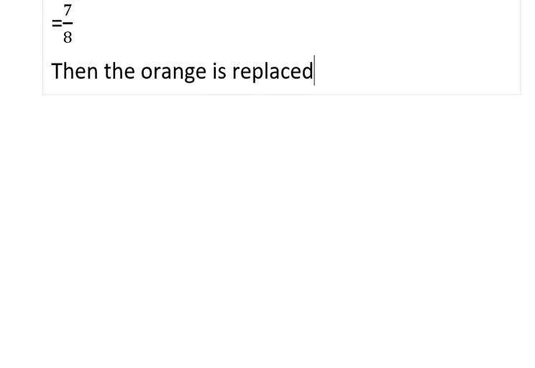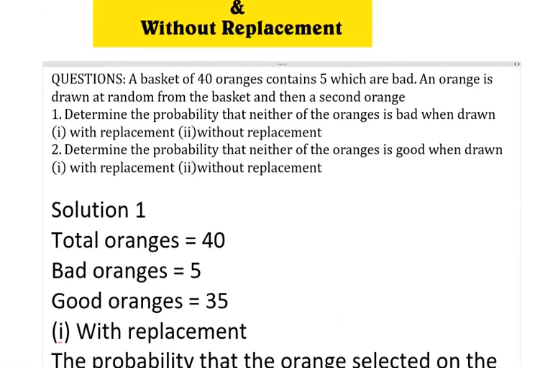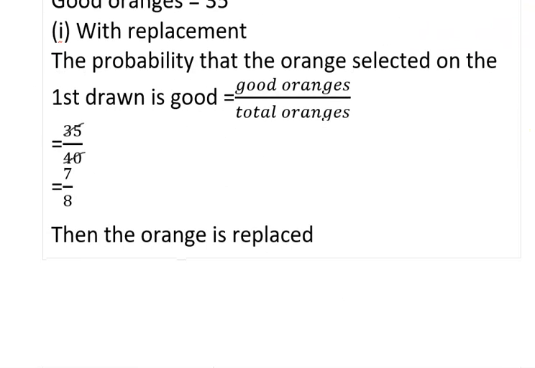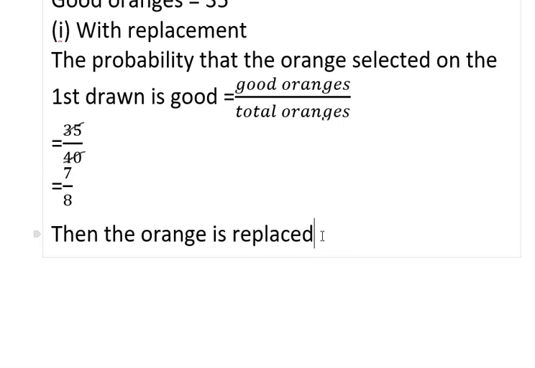Then let's make a second draw, because we were told from the question that an orange is drawn at random from the basket and then the second orange was drawn. So when the first one was drawn, it was replaced. That means all the number of oranges will be complete then.